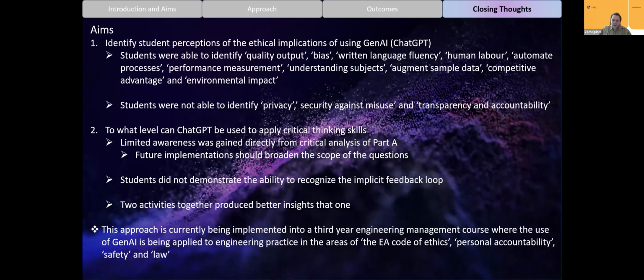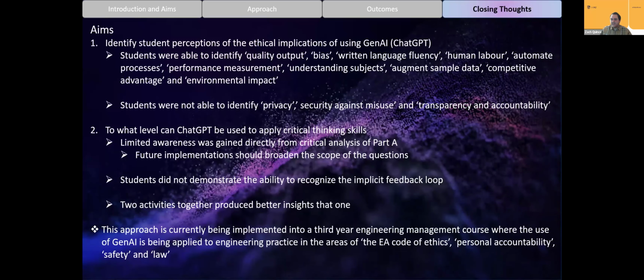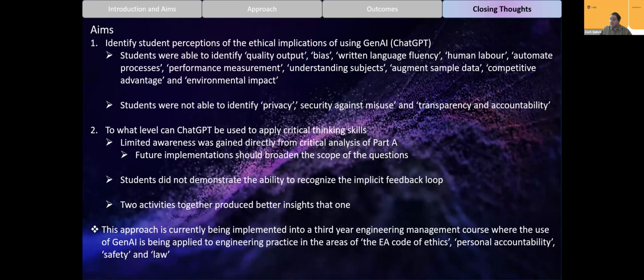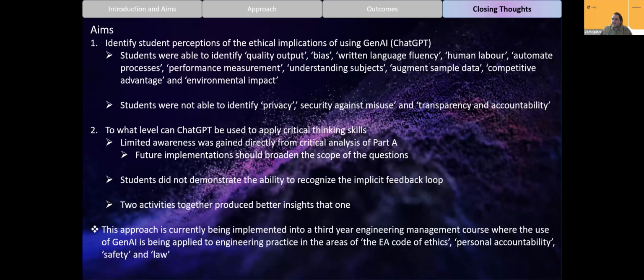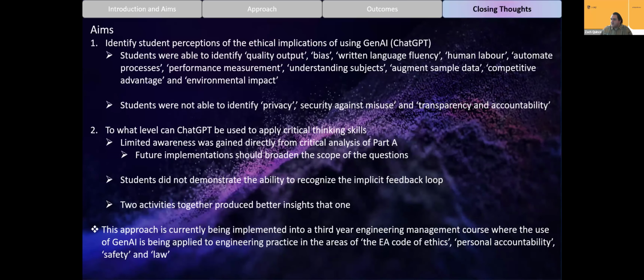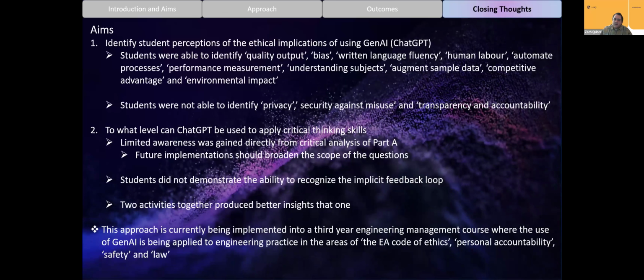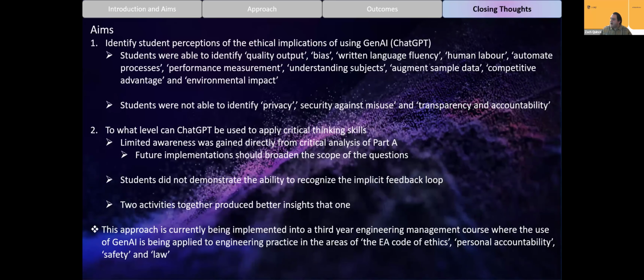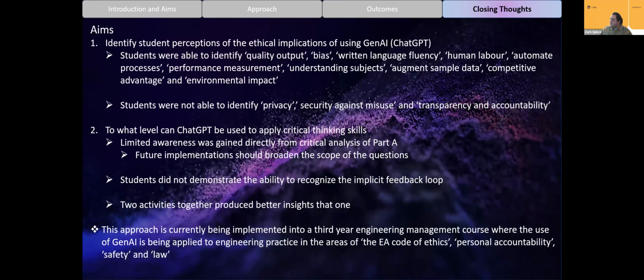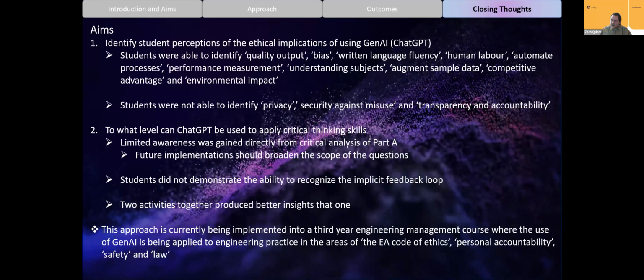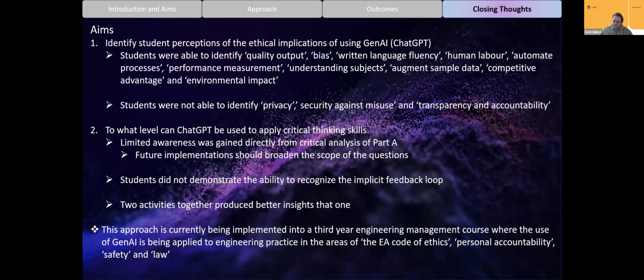The second aim was, to what level can ChatGPT be used to apply critical thinking skills? There was limited awareness gained directly from the critical analysis in Part A. Future implementation should maybe broaden the scope of the questions, or make it a little more iterative and hands-on, rather than just "here's a task, go do it."